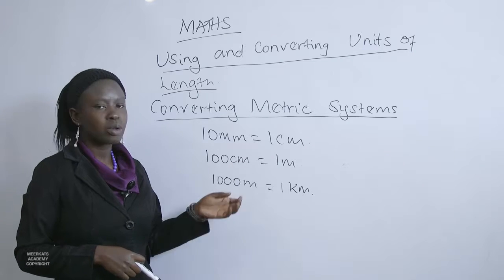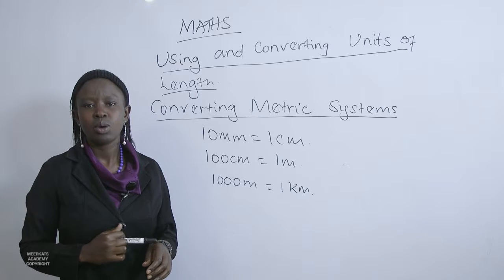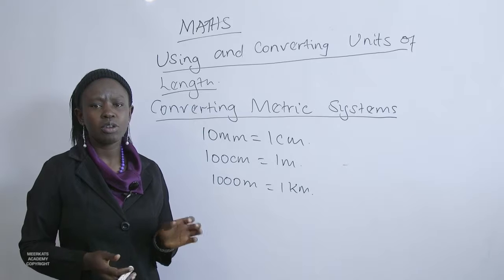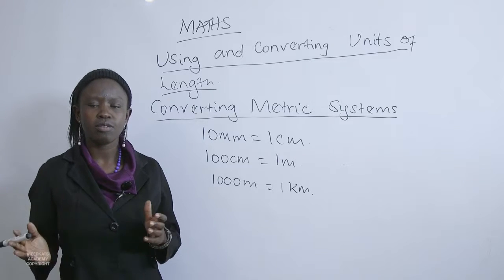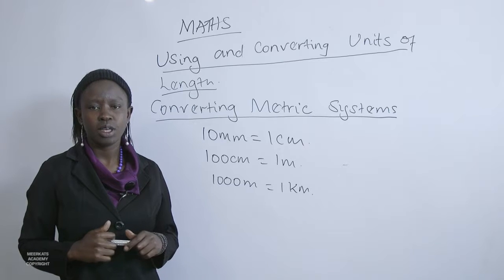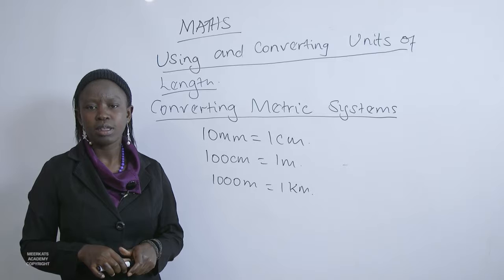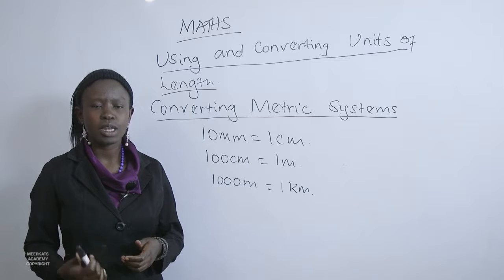So looking at these units, you need to identify which unit of measurement will be appropriate for the situation you are dealing with, so that you don't give a very small figure and at the same time you don't give a very large figure. So the units are just there to help us identify which one is the most appropriate in the situation that we are dealing with.